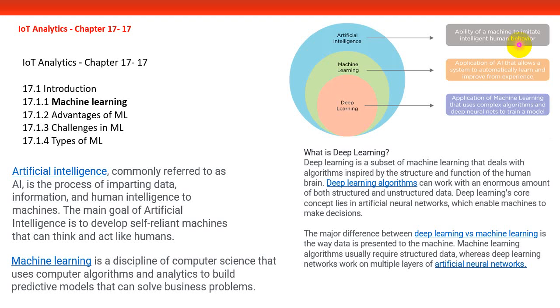Deep learning is related to the process, I mean data processing. Machine learning is some kind of algorithms that uses the previous experiences and current information. It will create some kind of analytics, it gives some kind of information and decisions.